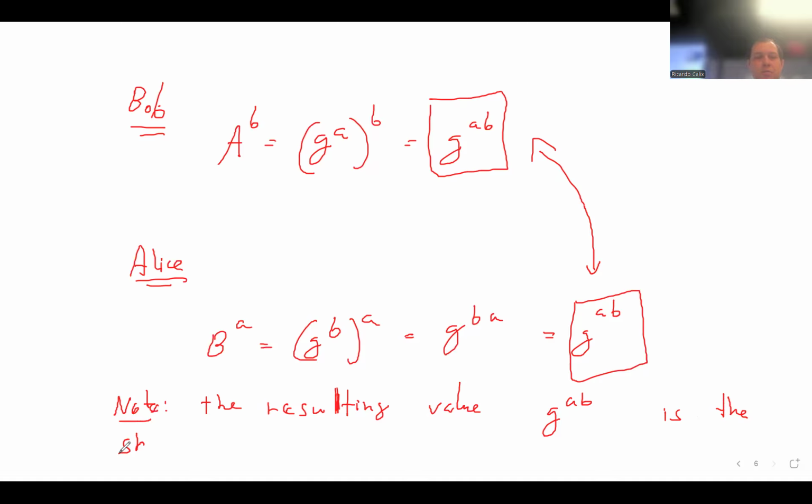It's the shared secret. And of course, this can be used to generate a symmetric key.